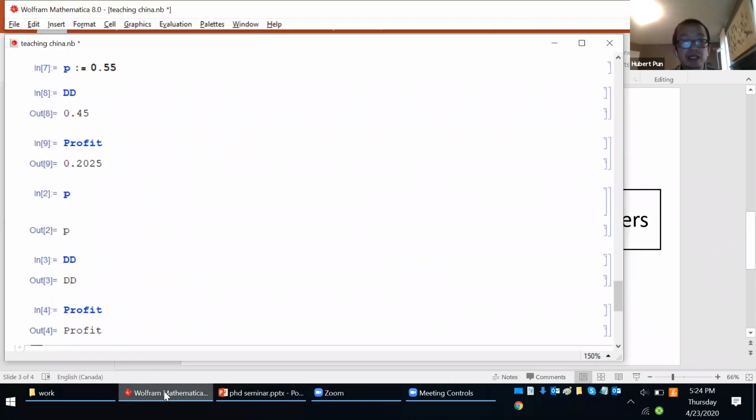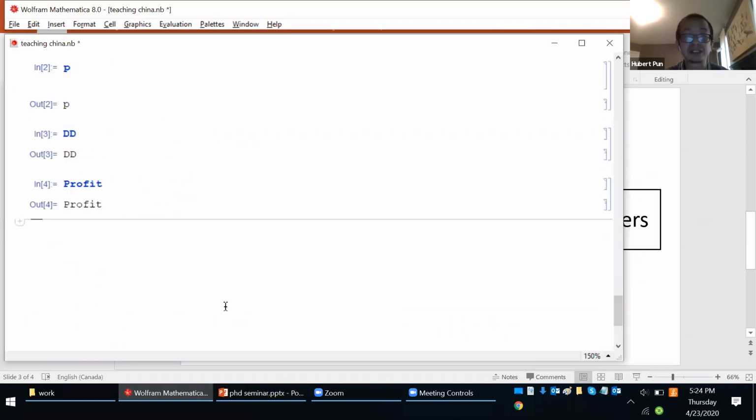So in Mathematica, we do pretty much the same thing. So dd := 1 - P, shift enter. Profit := (P - C) * dd. Okay, note that this is a round bracket and then P minus C multiplied by dd.